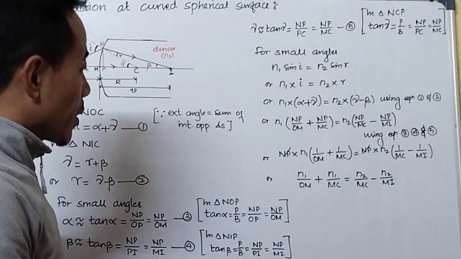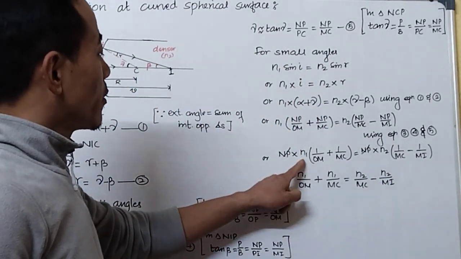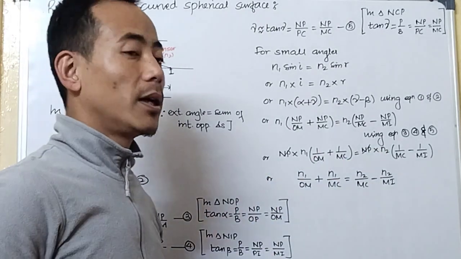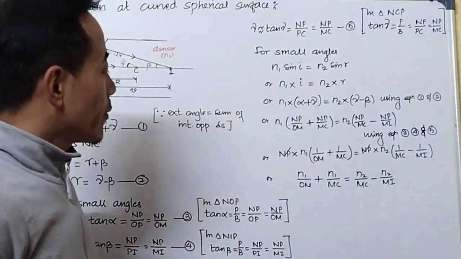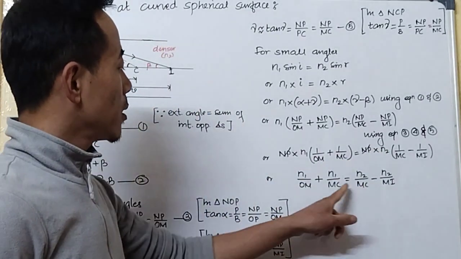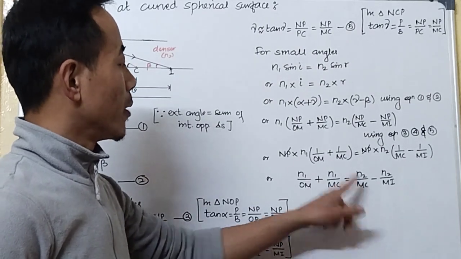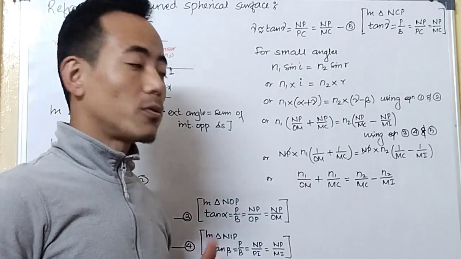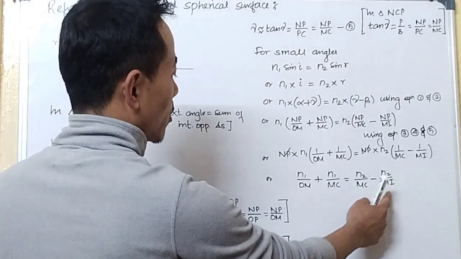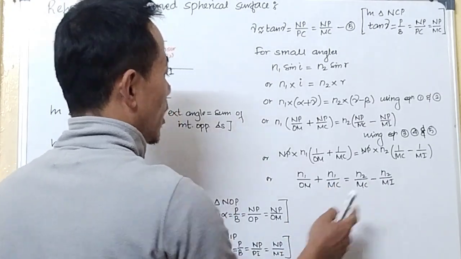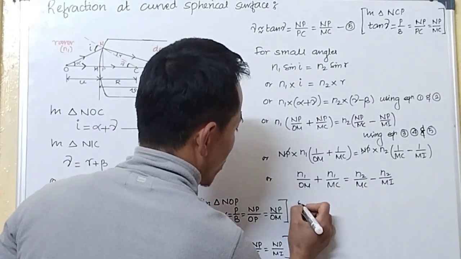So what we have done, we have just opened the bracket on the left hand side with N1, on the right hand side with N2. Alright, so after this what we will do is, you can see here we have MC and here we have MC. So we'll keep the similar terms together. So let's bring this to the left hand side and we'll take this to the right hand side. So continuation.